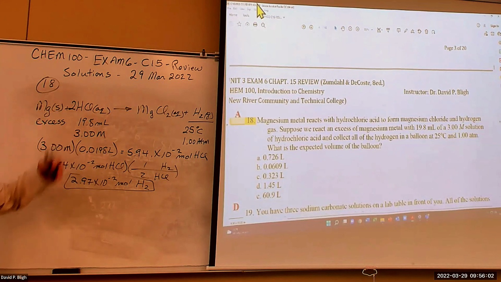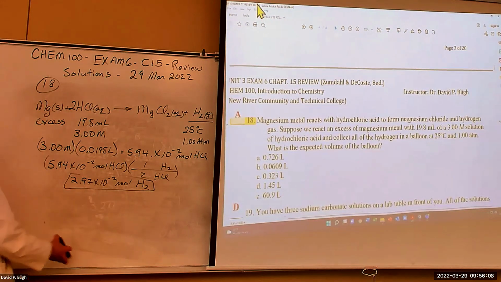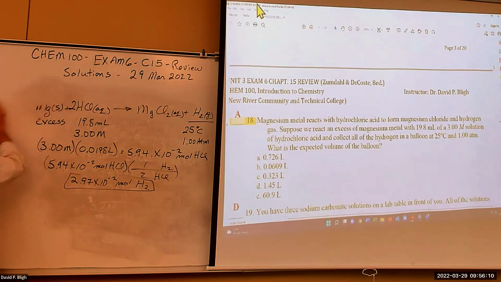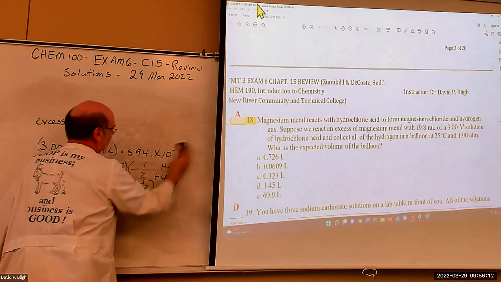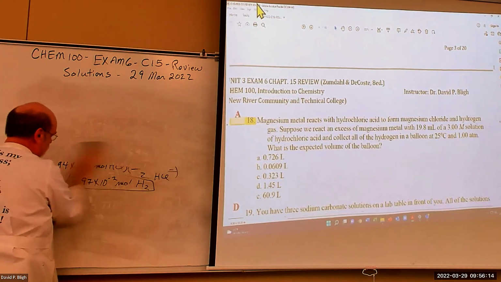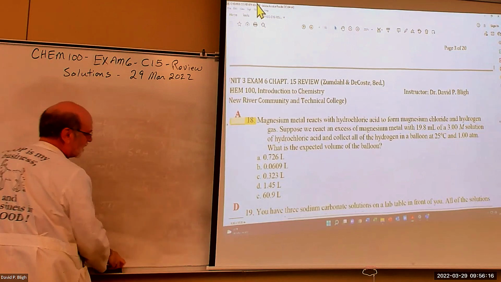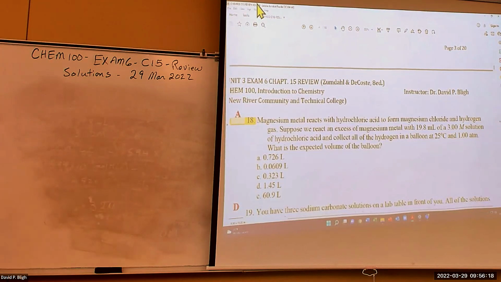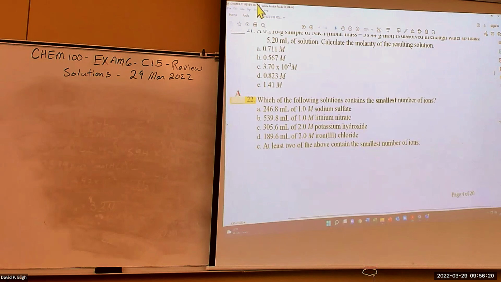We could convert that back to grams, find out how many grams of hydrogen. Right? That's doable. All right, that was 1822.